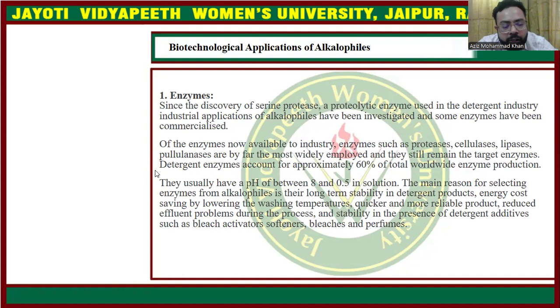They are used as detergent enzymes, and 60% of the total enzyme is dependent on these alkalophiles, and they usually work at a pH of 8 to 10.5 in the solution. The main reason for selecting these enzymes from alkalophiles is that they have long-term stability in detergent production.